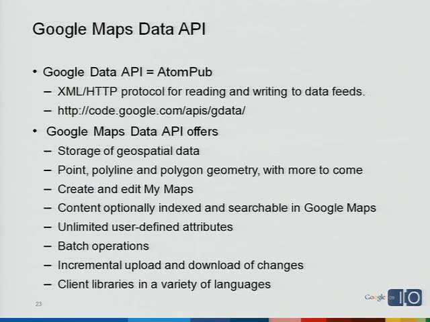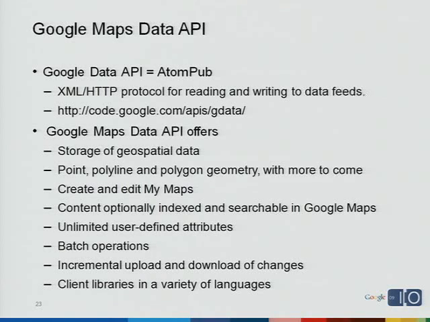Specifically, it's designed for storing geospatial content, and it works closely with a number of Maps capabilities. In particular, it works with My Maps. Anything that you create using the My Maps editor within Google Maps, you can access using the Google Maps Data API, and vice versa.